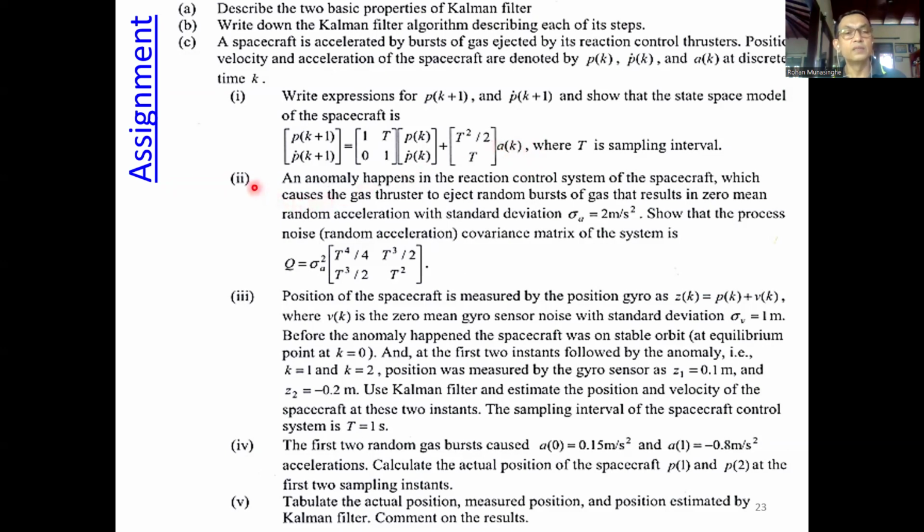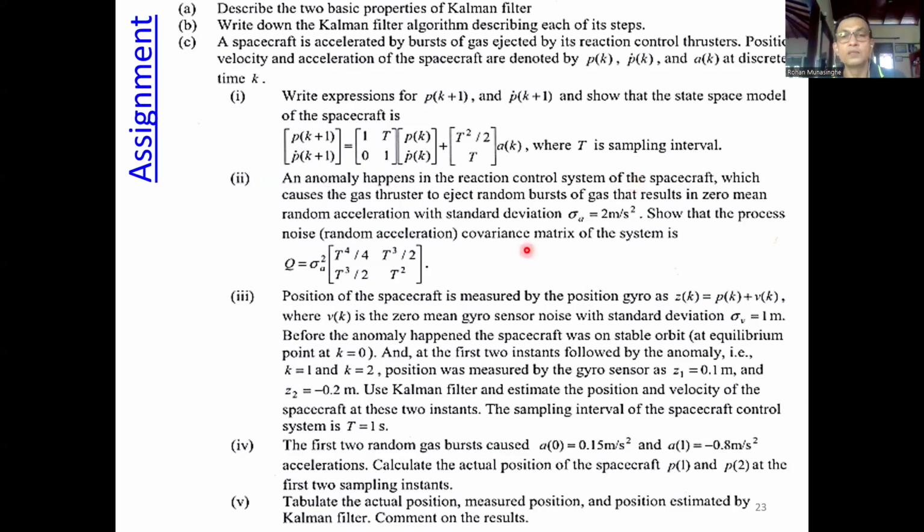After that, it says an anomaly happens in the reaction control system. So these thrusters are used to keep it in position. If it drifts this way, the thruster is actuated to bring it back, right? But there's an anomaly, so now these thrusters are issuing bursts of gas here and there, so it's moving all over the place.